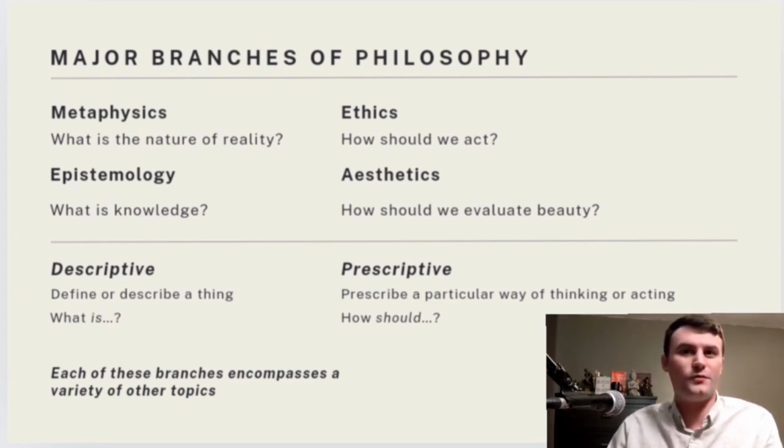So now that we know a few of the major branches of philosophy, let's take a look at some of the topics that are not necessarily part of philosophy itself, but could easily give rise to philosophical questions and debates. As we've seen, certain topics are inherently philosophical.